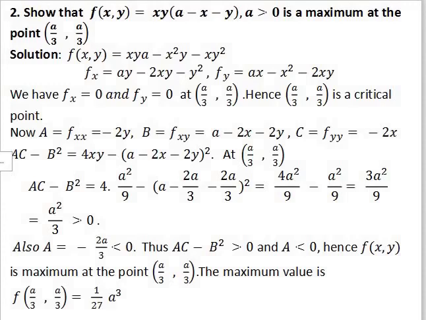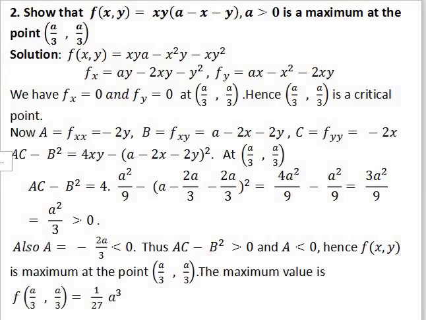We have fx = 0 and fy = 0 at (a/3, a/3). Hence (a/3, a/3) is a critical point. So the critical point is given. We have to show that the function is a maximum at the point (a/3, a/3).